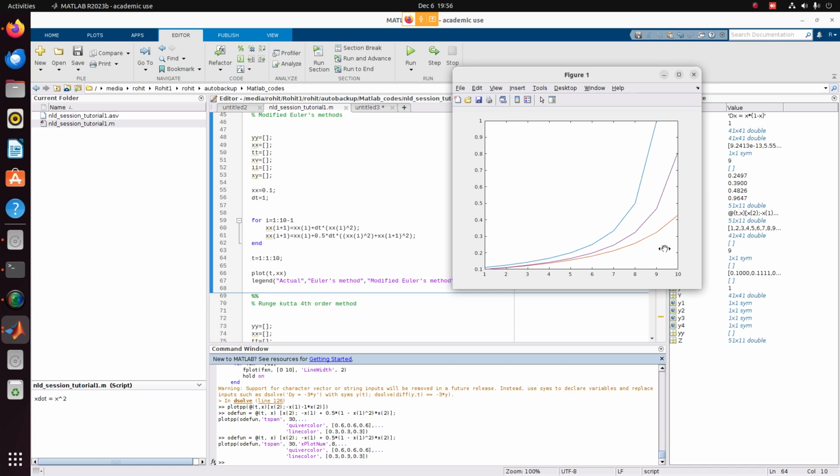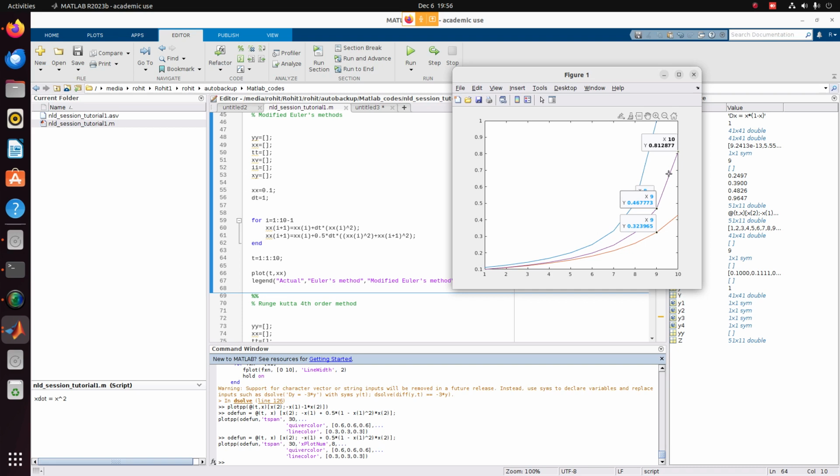Okay, so this is the Euler's method, and this is the modified Euler's method, which is plotted here. So you can observe that the modified Euler's method is much better than the Euler's method. It is giving a more accurate behavior, closer to how the system is behaving.